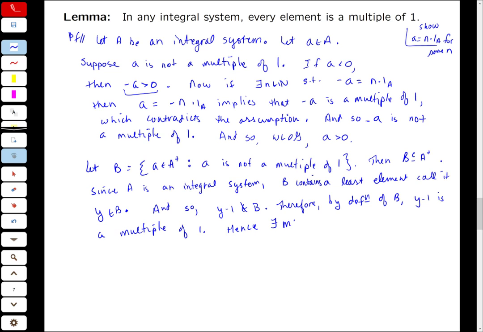Hence, there exists an M in the integers such that Y minus 1 is equal to M times 1 sub A. Solve that for Y.